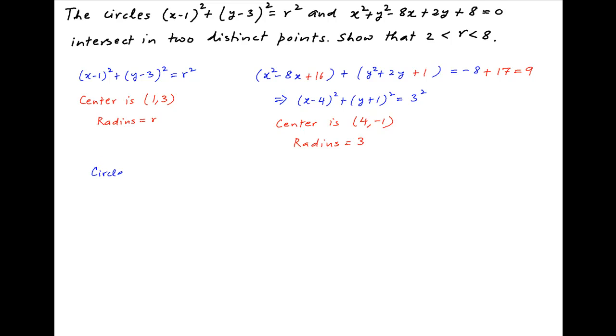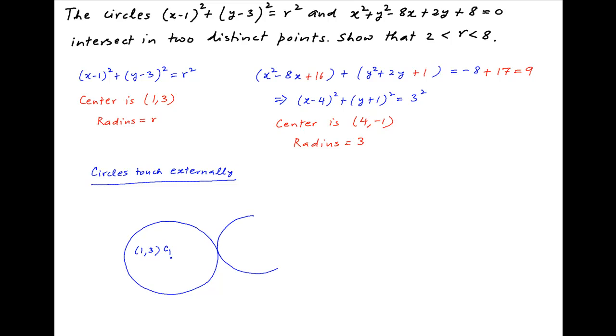Now consider a situation where these two circles touch each other externally. The first circle has its center at (1, 3). Let's denote this point by C1. The second circle has its center at (4, −1).